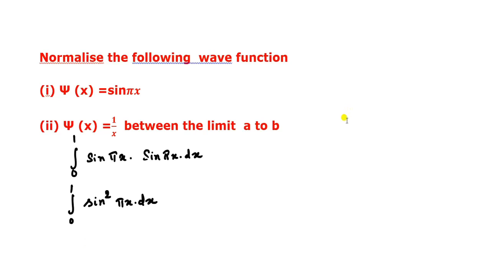The integral of sine squared ax is given by the formula, where instead of pi the term a is present. So this is equal to 1 by 2 x minus 1 by 4a into sine 2ax. So this is a formula.